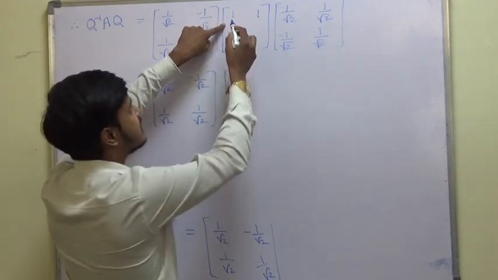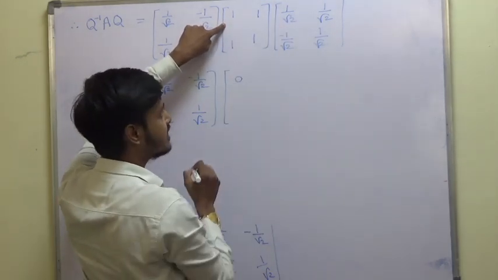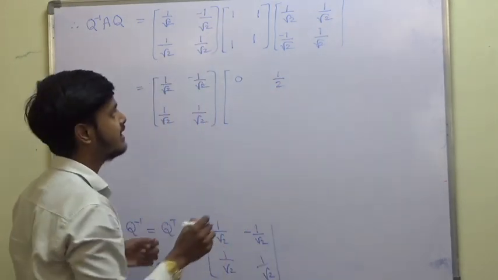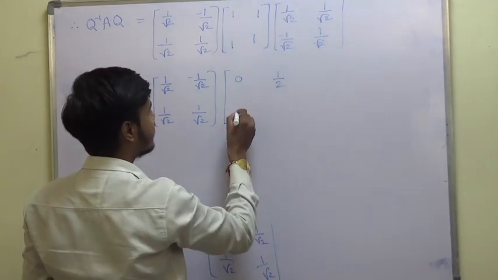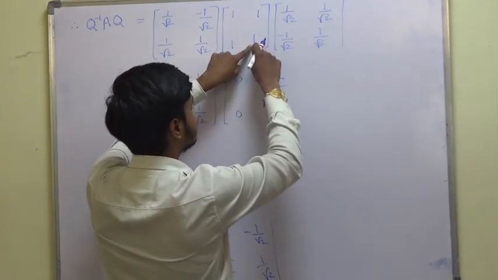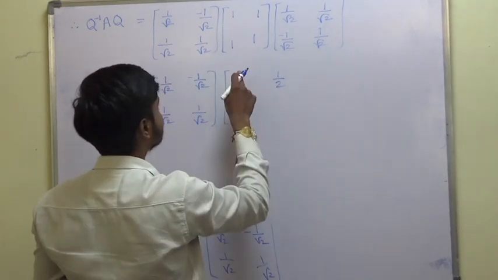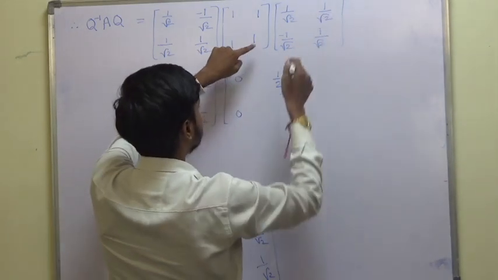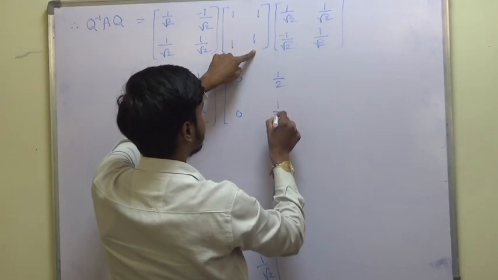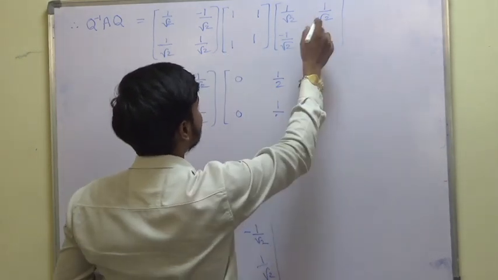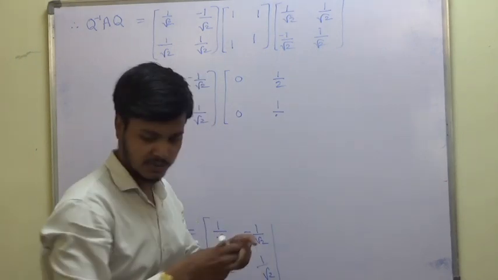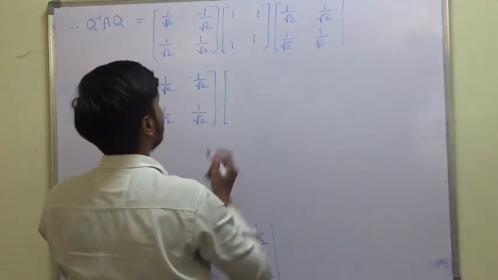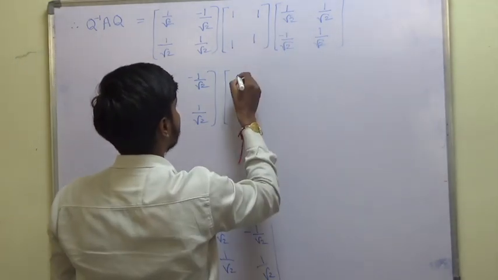Now see here, this is 1 by root 2, minus 1 by root 2, 0, and 1 by root 2, 1 by root 2. Let me solve it once again. 1 into 1, 1 by root 2 minus 1 by root 2, 0.